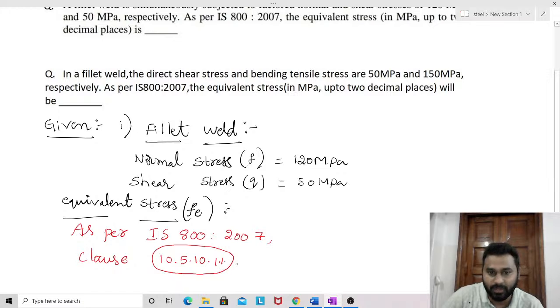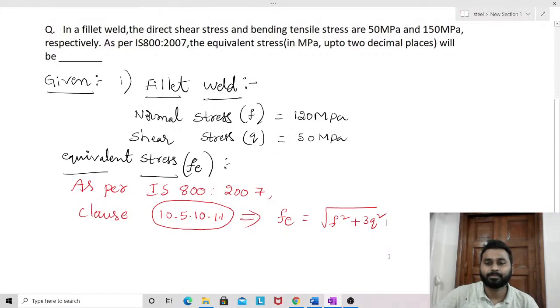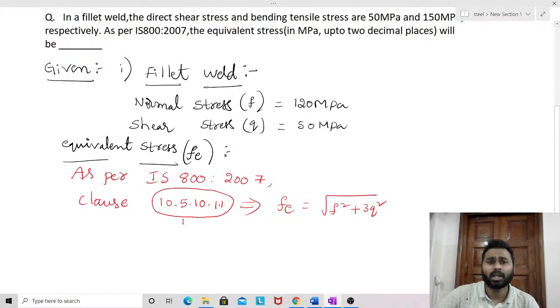This was the clause in which the equivalent stress was mentioned, or the formula for the equivalent stress was given. That is, equivalent stress Fe is equal to the square root of f squared plus 3q squared. This was the formula mentioned in that clause.